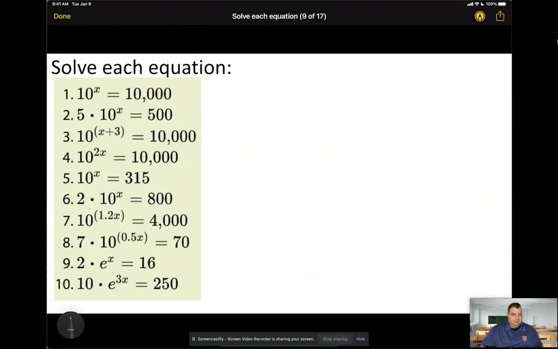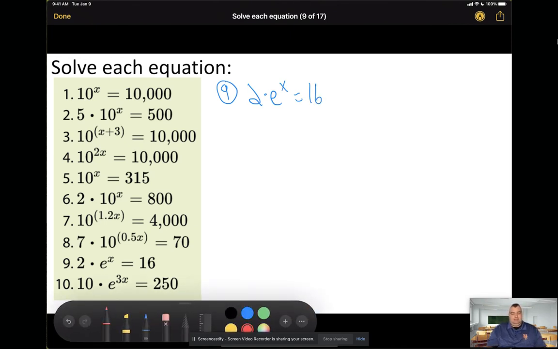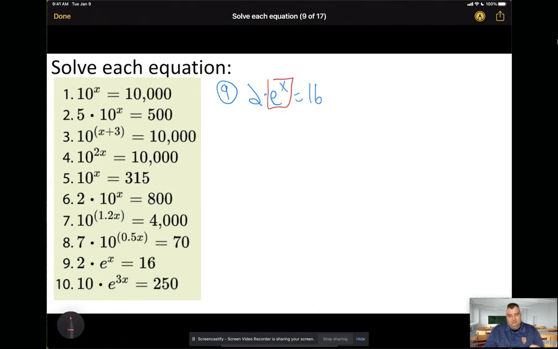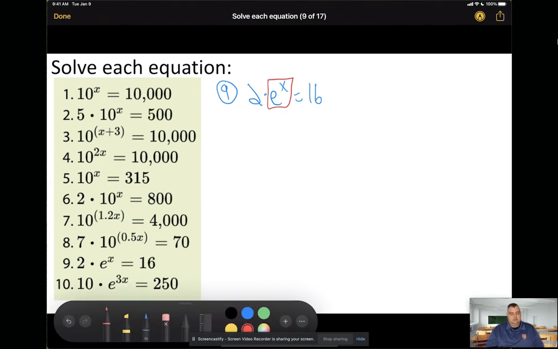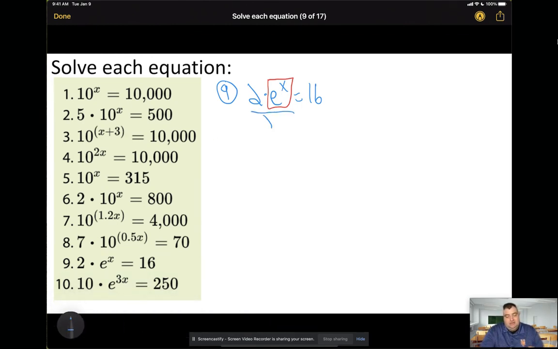2 times e to the power of x equals 16. Okay, so notice this time my base is e. That's not going to affect how we solve the problem. So I'm going to start off by dividing both sides by 2.